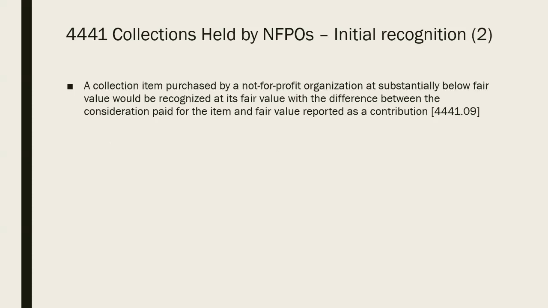So for example, if the fair value of the item is $1 million and the not-for-profit organization was able to purchase it for $500,000, the difference between the $1 million fair value and the $500,000 paid by the not-for-profit will be recognized as a contribution.